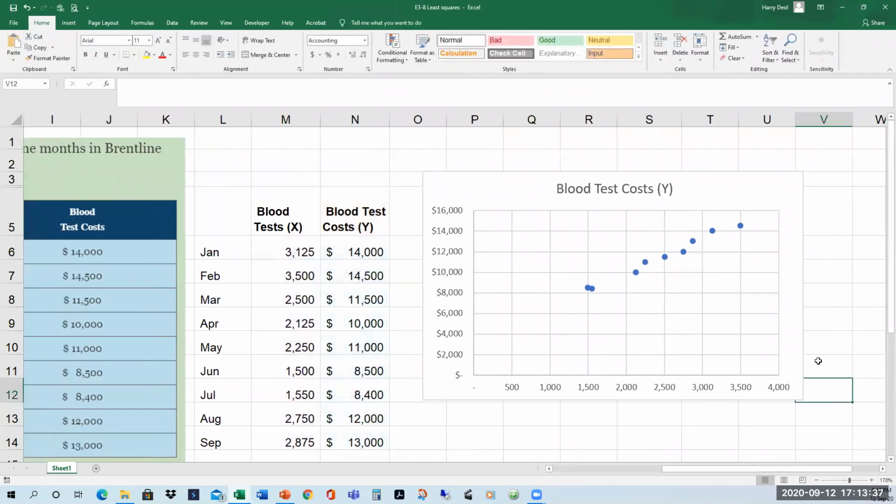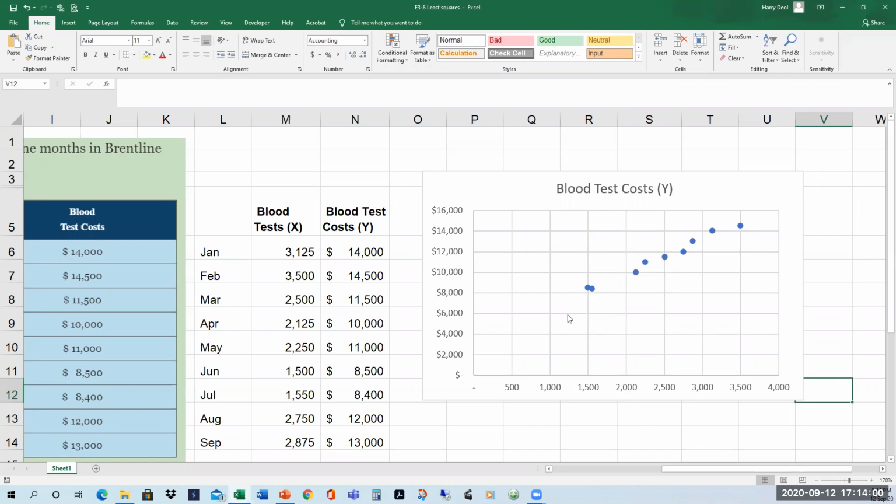you would notice has got the number of blood tests in the horizontal axis and the total blood test costs in the vertical axis. So here you would notice are the dots. The dots represent the blood test costs relative to the number of blood tests.